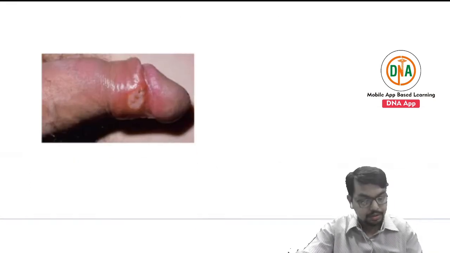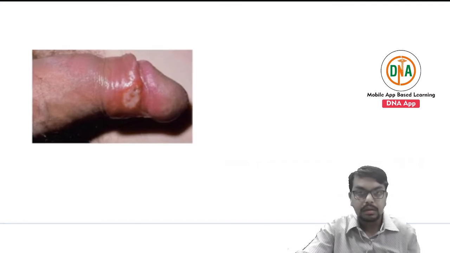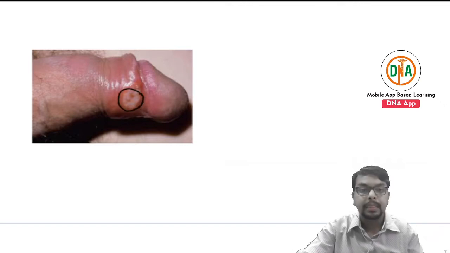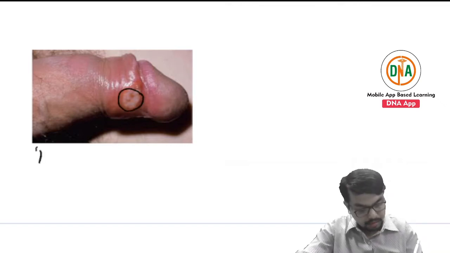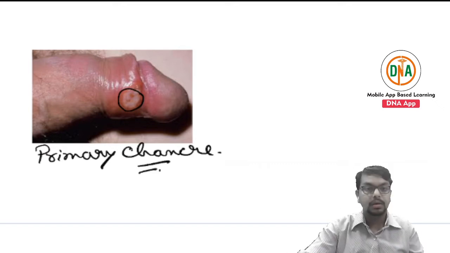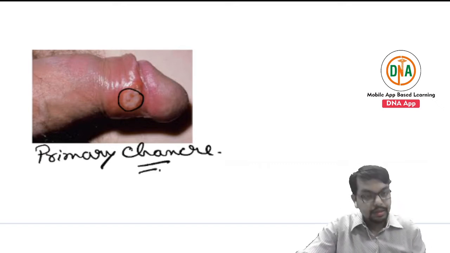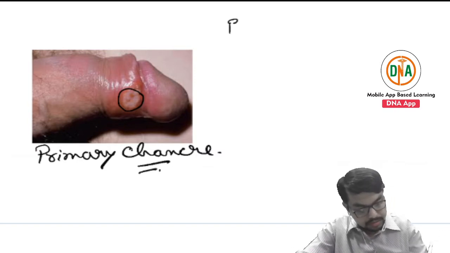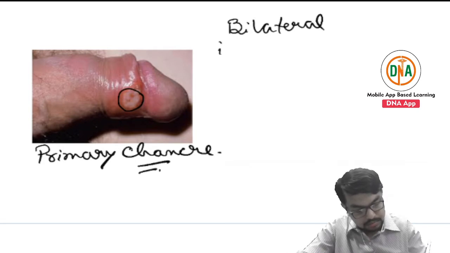This is the picture of hard chancre. See the single lesion having a clean base. This is the primary chancre or hard chancre of syphilis. There is involvement of inguinal lymph nodes. There is bilateral inguinal lymph node enlargement.